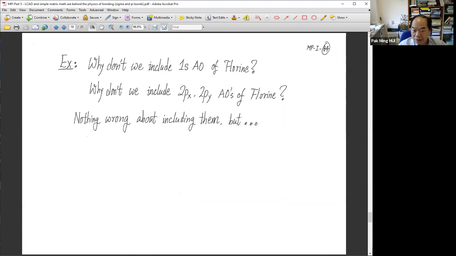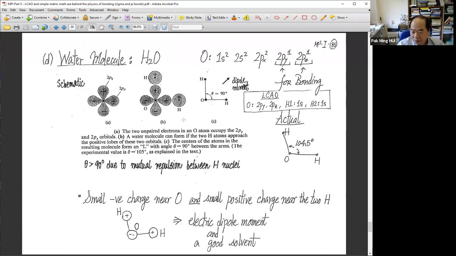At the end, what matters, the dominating physics, still has to do with 2p of fluorine and the 1s of hydrogen. Although you have included more of that in the fluorine, it doesn't matter, okay?